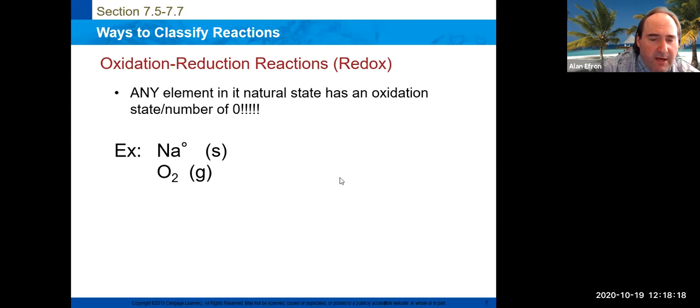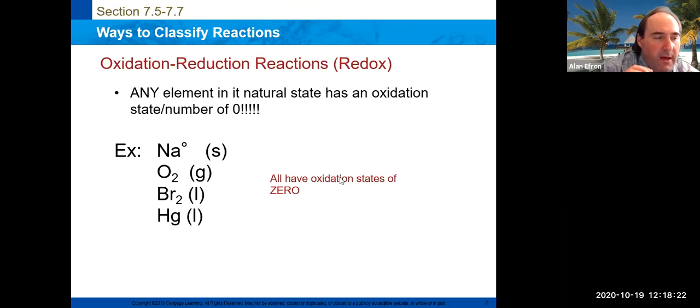So as I mentioned, oxidation states or numbers for anything in its natural uncombined state are 0. So that goes for things like O2 is going to be 0, Br2 is going to be 0. However it comes, if it's just by itself naturally, not attached to anything at all, it has a 0. And that's the idea that we talked about.